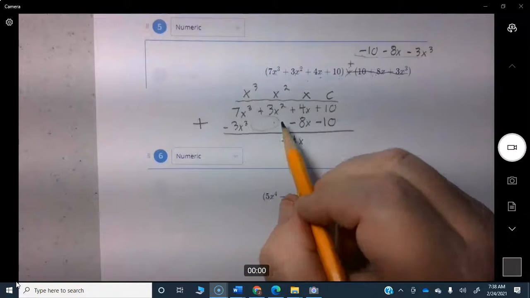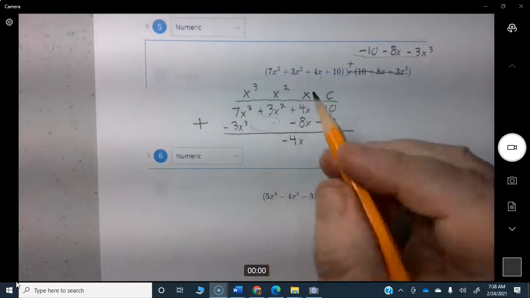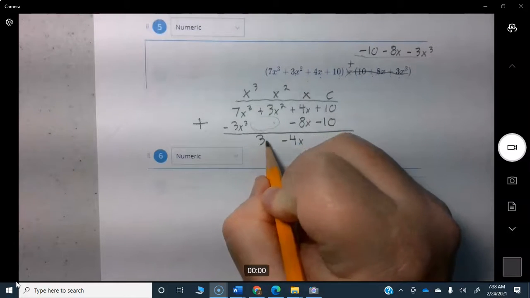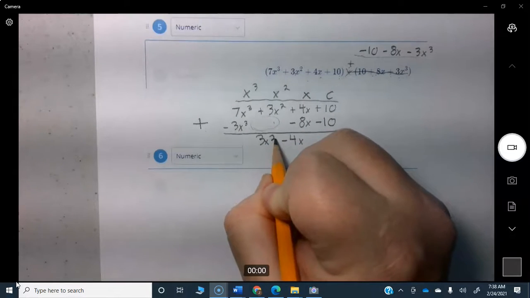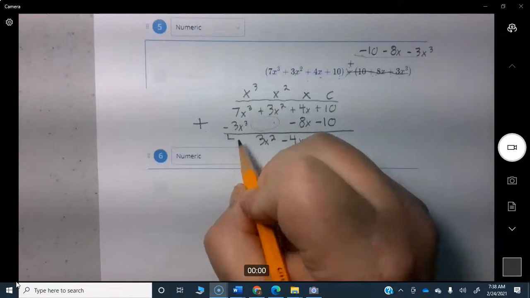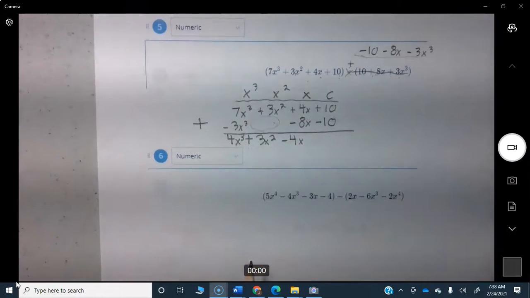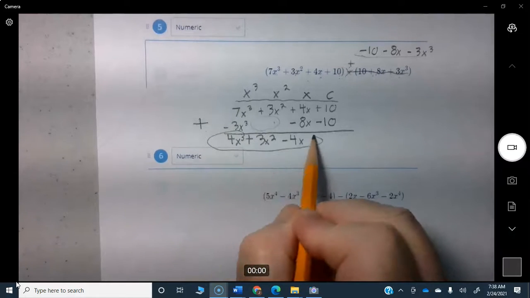So it's not a subtraction problem, it's an addition problem. Then I have 3x squared plus 0 is 3x squared. And then 7x to the third minus 3x to the third is 4x to the third, and there should be a plus sign there. Okay, and that's your final answer right there.